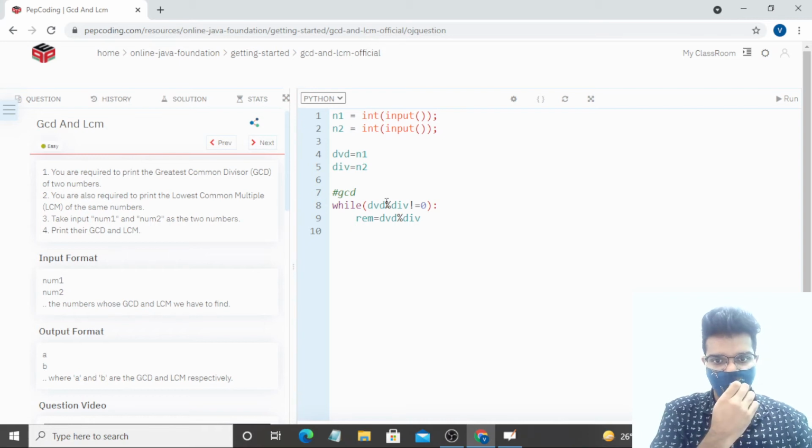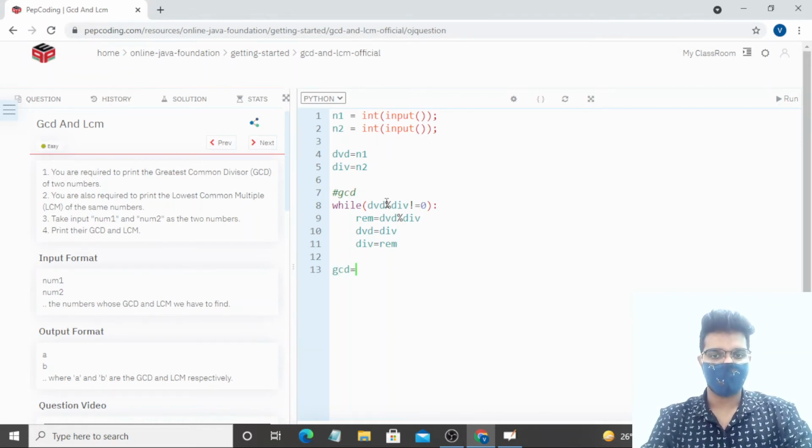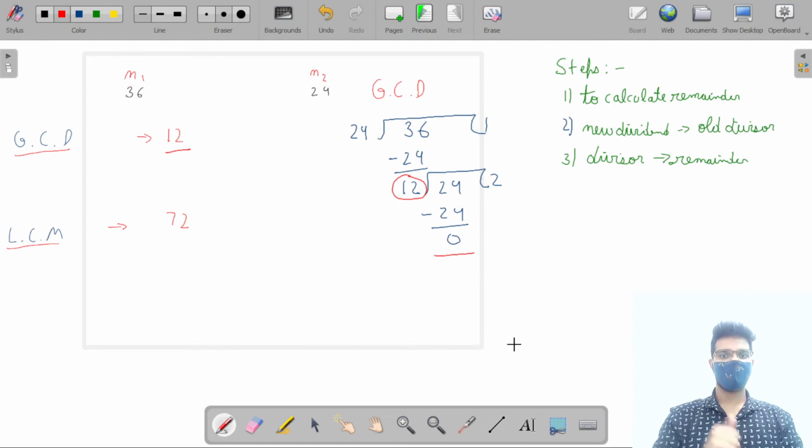So this time, my dividend will be my divisor and my divisor will be my remainder. Perfect. And after you get out of the loop, whatever your divisor is will be your GCD. So we calculate our GCD in simple steps.